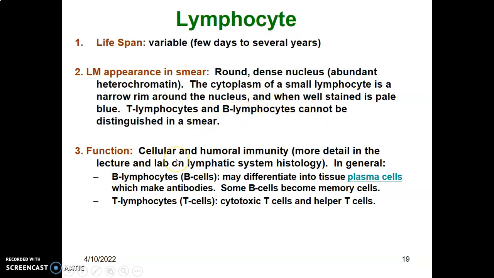So, what is the function of lymphocytes? They help in cellular immunity and humoral immunity, and you focus on this more in your physiology. So, B cells usually differentiate into plasma cells, and these plasma cells make antibodies.